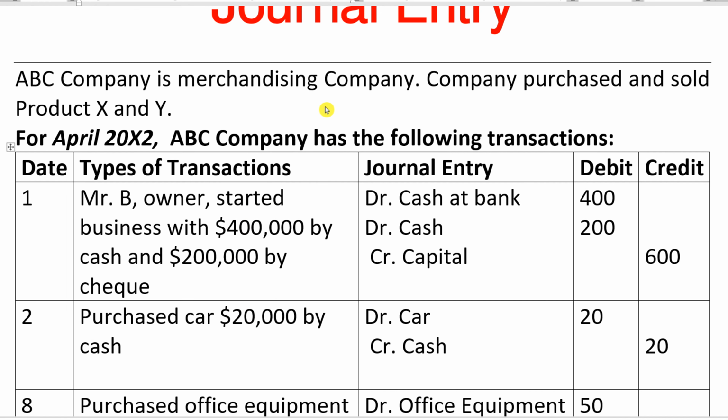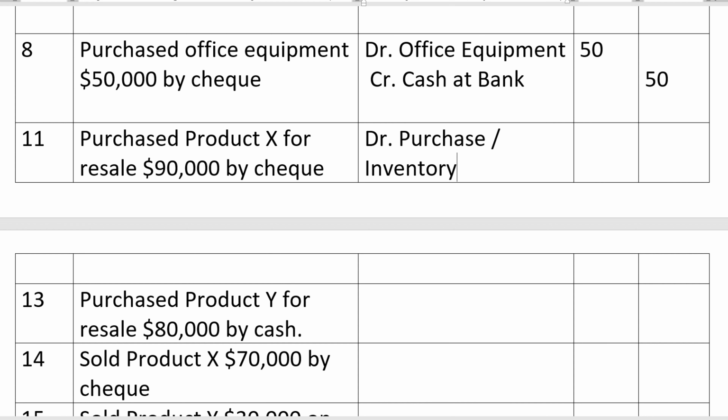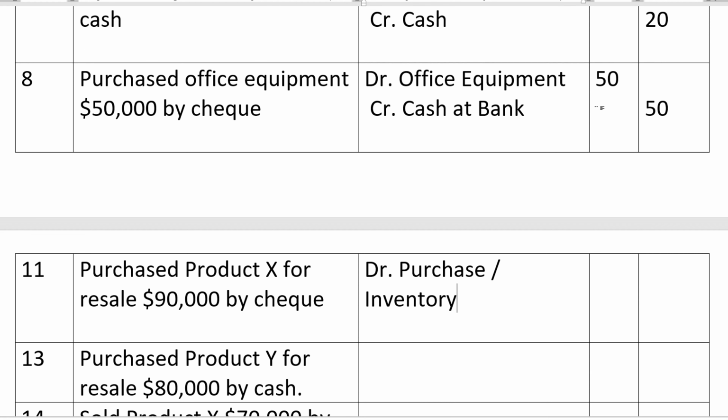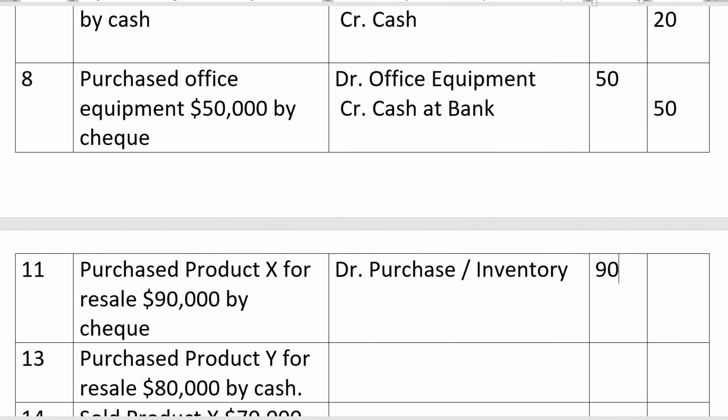Our company is a merchandising company, so when we purchase products, we record debit purchase account, or you can use inventory, 90,000, and credit cash at bank, a decrease.